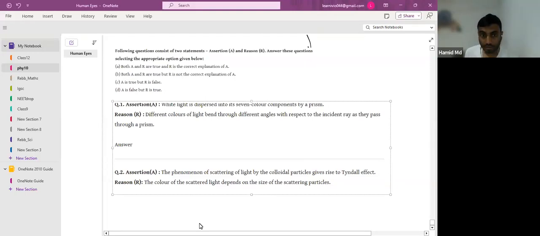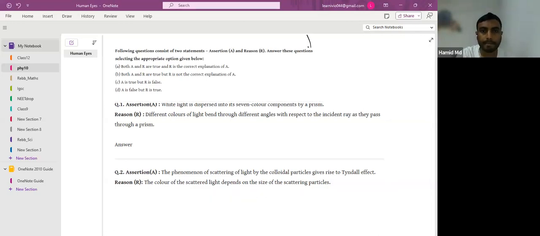Okay, so tell me, what could be the answer of the second question? What is Tyndall effect? What is the answer of this?